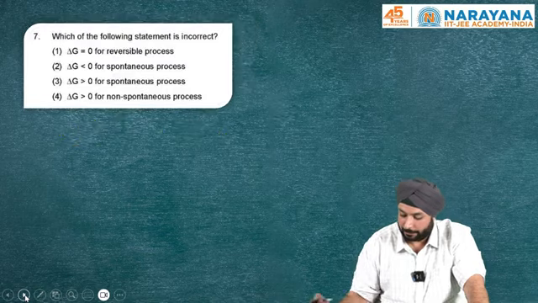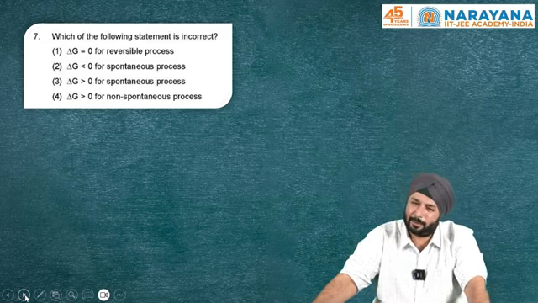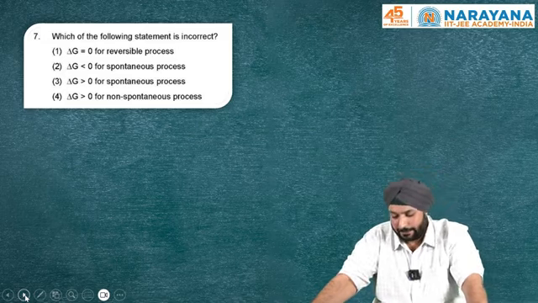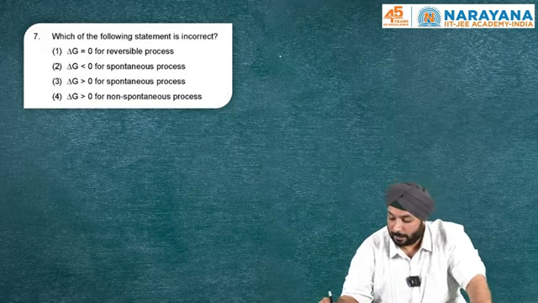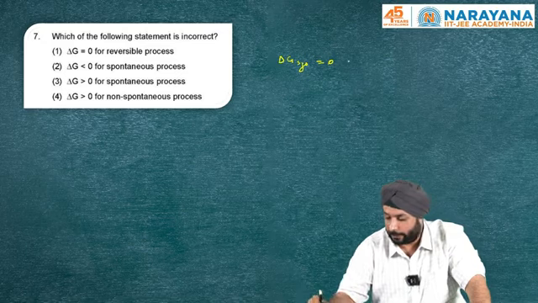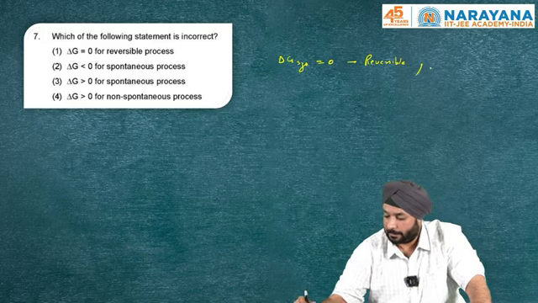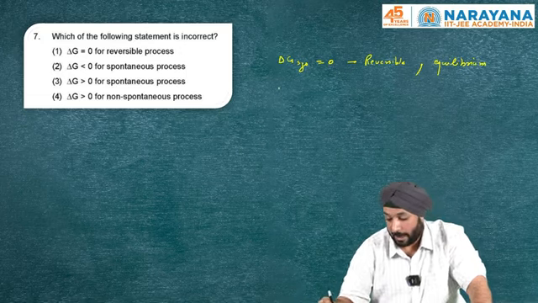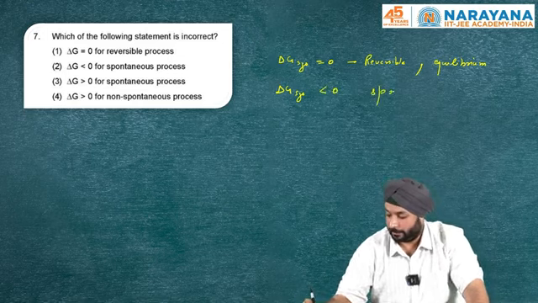That is question number 7. Which of the following statements is incorrect? Again, from thermodynamics, a straightforward question, NCERT based. Now, delta G of system is 0 for a reversible process. This is reversible slash equilibrium. And delta G of system should be lesser than 0 for all spontaneous processes.